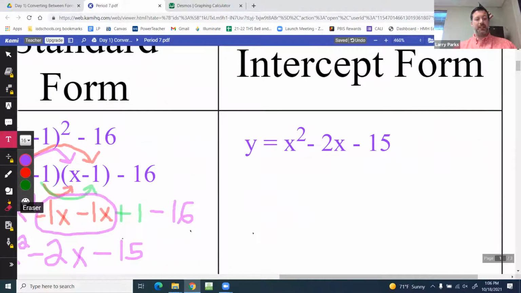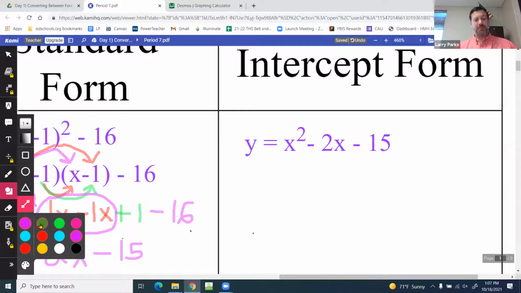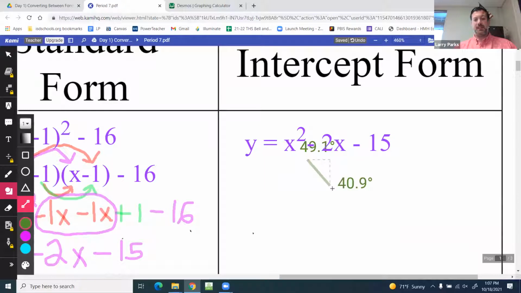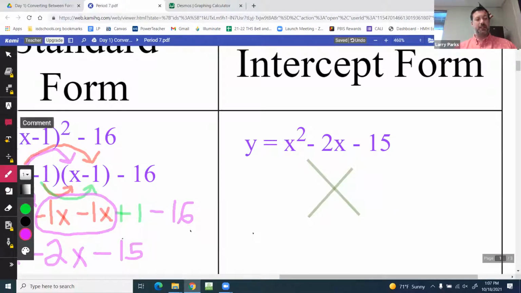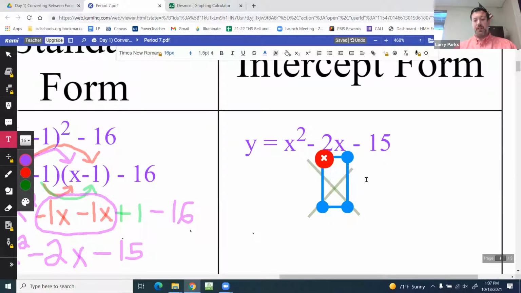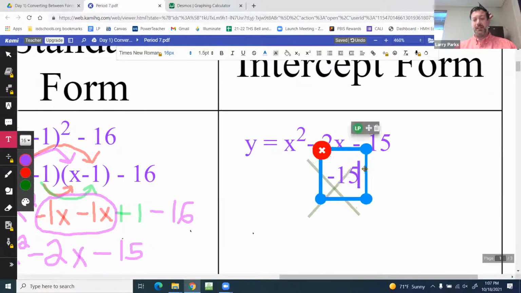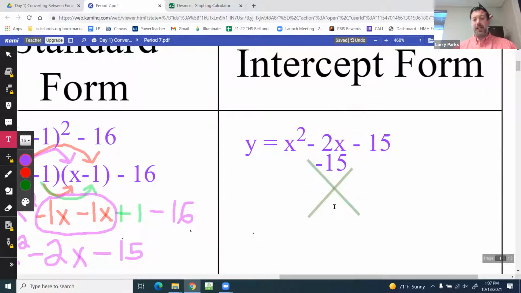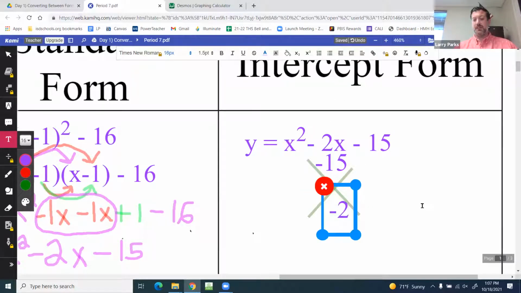And then this is where factoring comes into play. So remember, I am trying to find two numbers that multiply to negative 15, but add to negative 2.